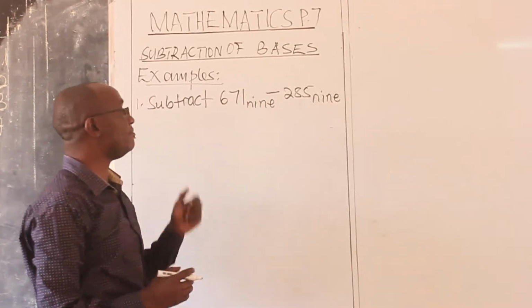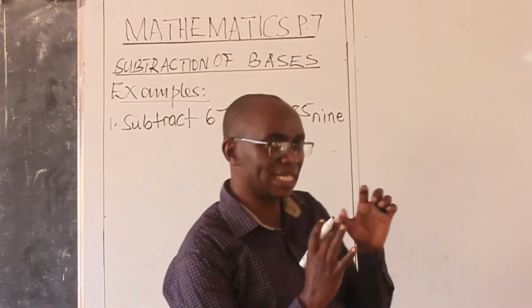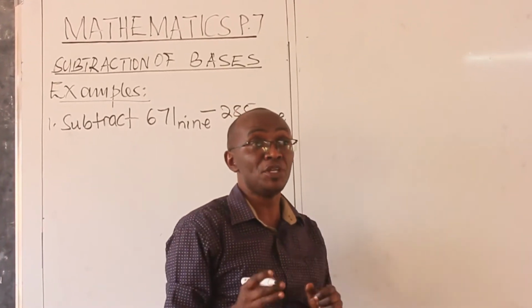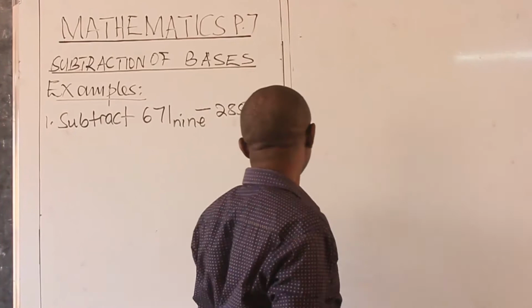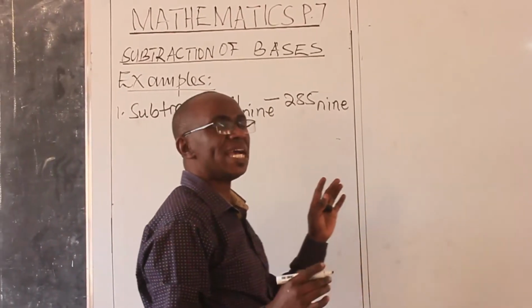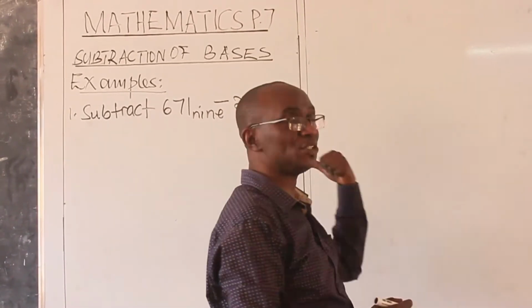Yes, I understand some of you find this very difficult, but let me first take you to something you were doing in P1, P2, P3, P4 before they introduced bases to you. We were subtracting in base 10 before they introduced bases to us.